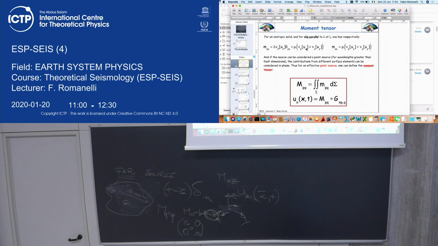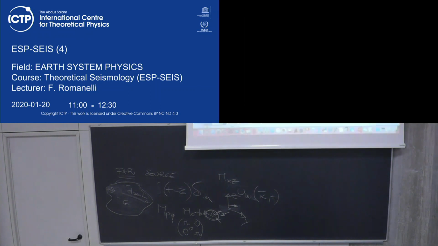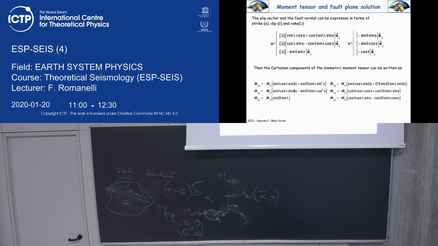Amplitude of u, ni, mu. We do the integral using u and ni with the definition. We end with MPQ. MPQ is containing this. So, you asked, why mu? Because we use the definition of u and ni inside the representation theorem. And then we got this.